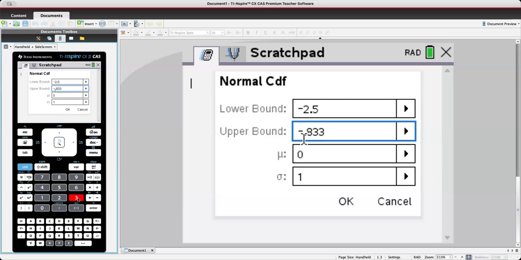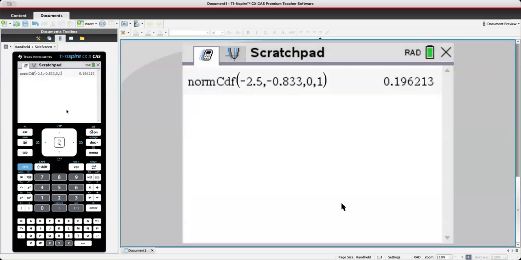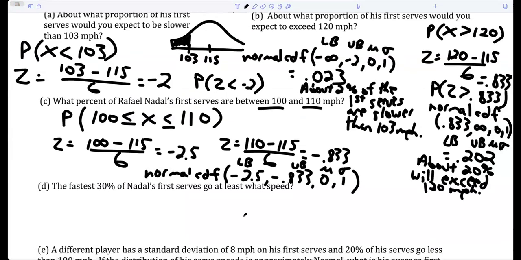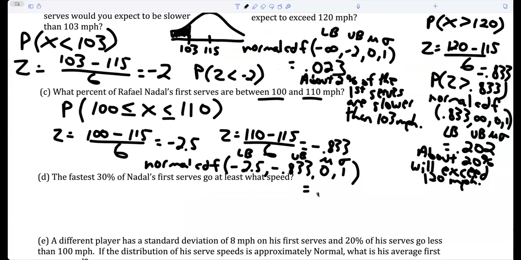And then mu and sigma are 0 and 1. And I'm going to hit OK. And so I get 0.196 for that proportion. And so let me go back to the notes here. And so this is 0.196.